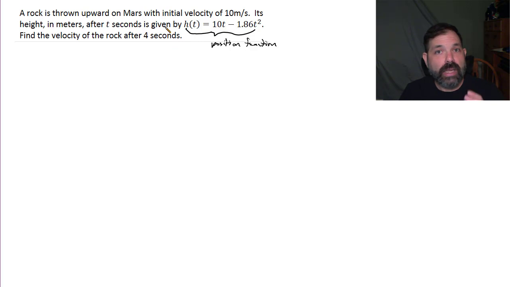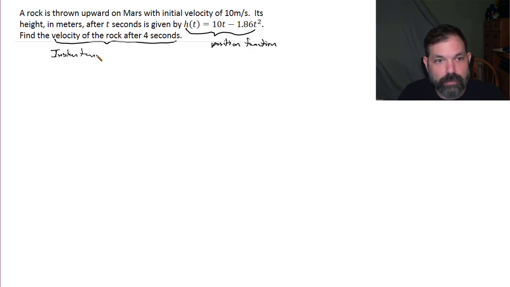Find the velocity of the rock after 4 seconds. We are not given an interval. We're not asked to find an average velocity. We're asked to find the velocity at a specific time. We're asked to find an instantaneous velocity at t equals 4.